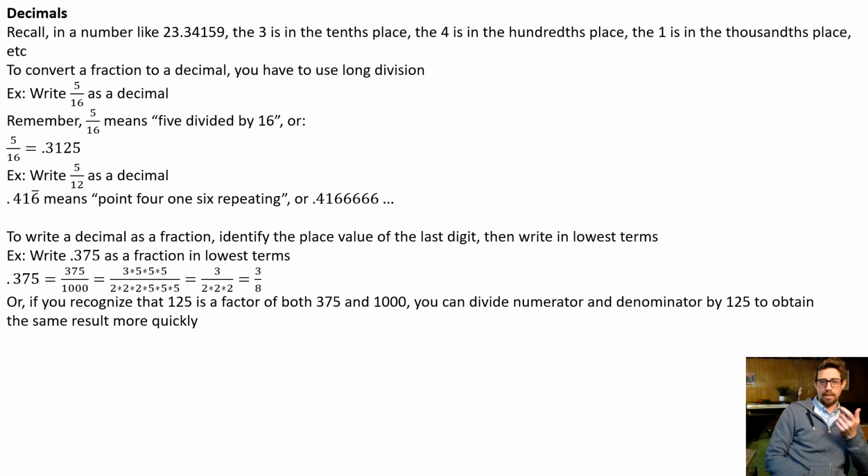The greatest common factor of 375 and 1,000 is 125. You could have just divided numerator and denominator by that and been done faster. But that's tricky. Like if you didn't know that off the top of your head, I mean, why would you? Okay, so I just like to tell you that the option is there, and I wouldn't dock you points for doing it that way, as long as you showed me what you did. You know what I mean? As long as I can see your work.